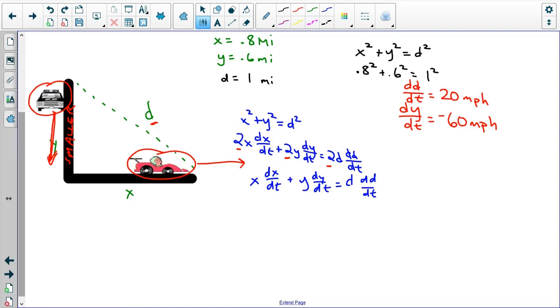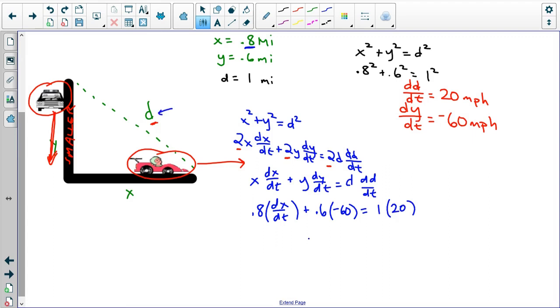Now I just start substituting values in that I know. So x equals 0.8. dx/dt is what we are trying to find, because that's the speed of the car. y is 0.6. dy/dt is 60 miles an hour in the negative direction. And then d is 1, and dd/dt is 20, because that distance is increasing, so it's going to be a positive 20.